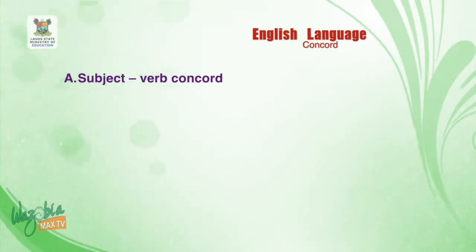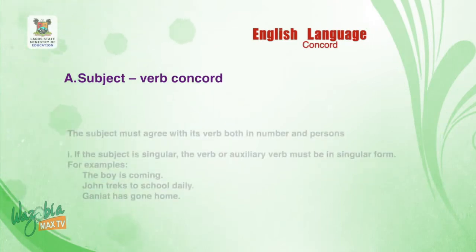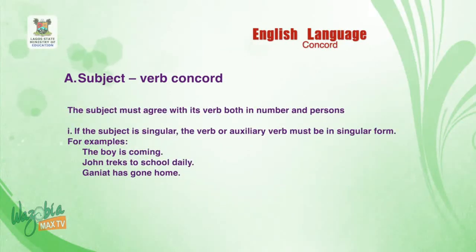Number 1, subject-verb concord. The subject must agree with its verb, both in number and persons. And you know, when we are talking of person here, we are talking of whether it is first person, second person, or third person.